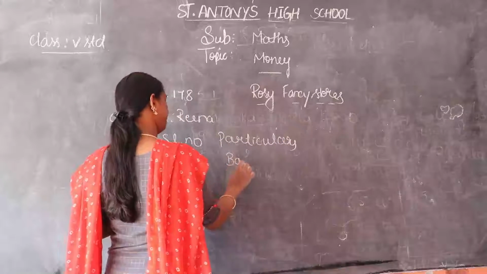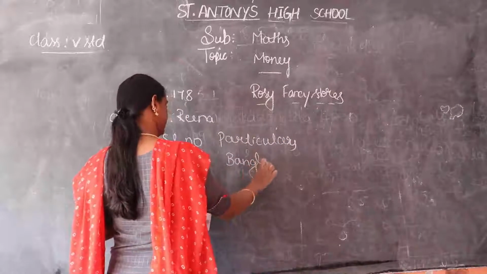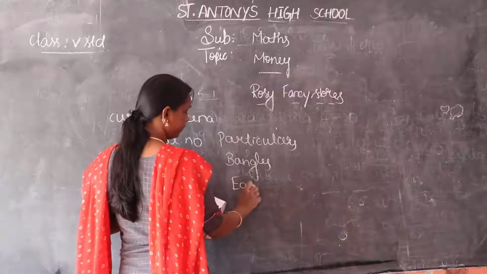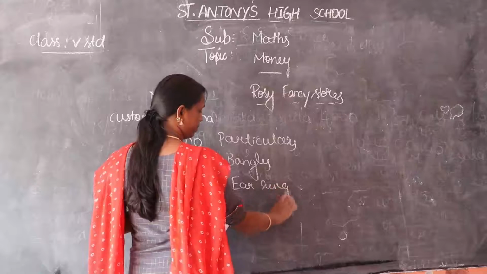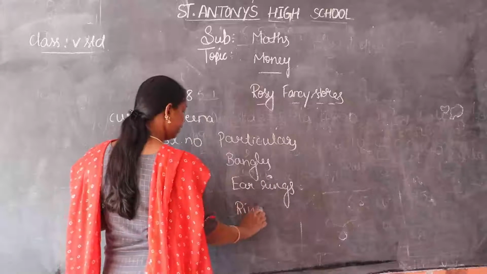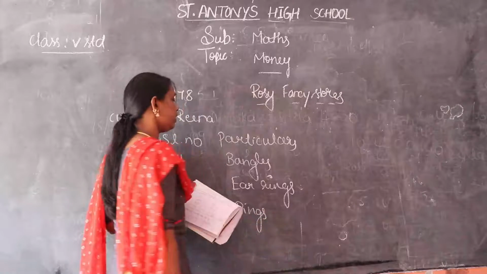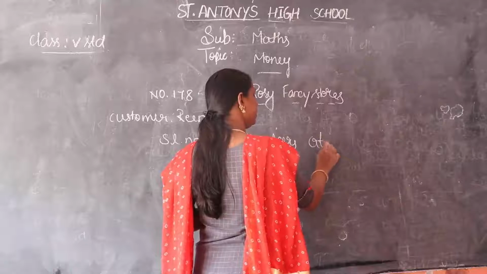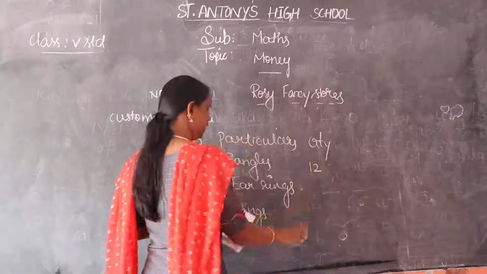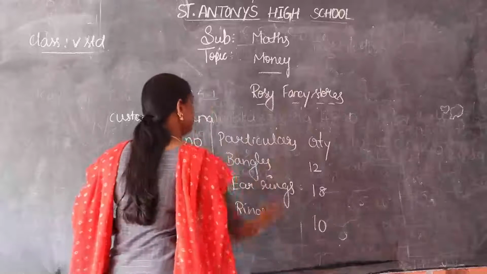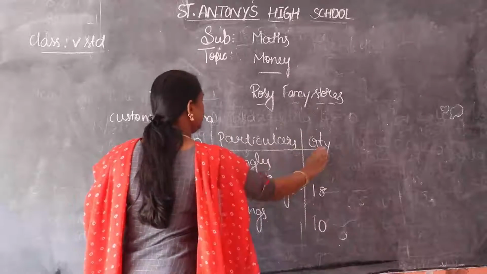Bangles, and then earrings. Next one, finger rings. Next, write the quantity they purchase: bangles 12, earrings 18, rings 10.